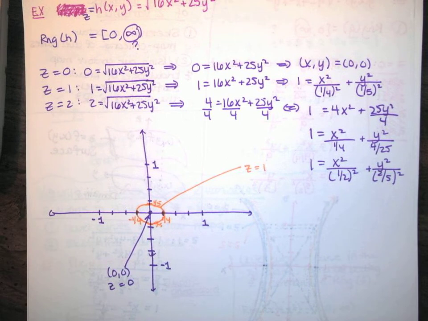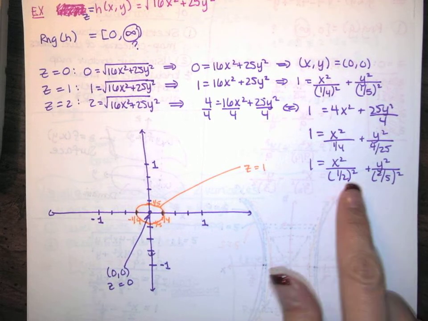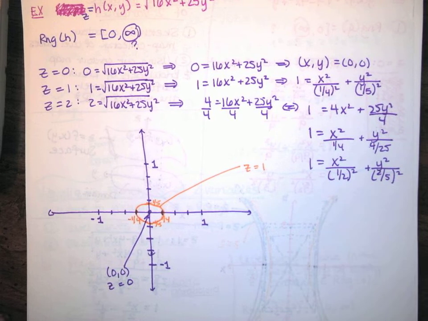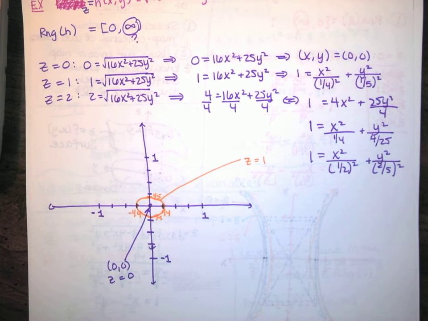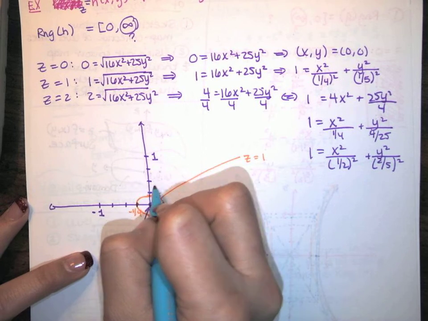Okay. So we're going to go plus and minus 1/2 of a unit in the x direction and plus and minus 2/5 of a unit in the y direction. So it's going to be the same basic shape, but that's 1/5. I want to go out to 2/5.